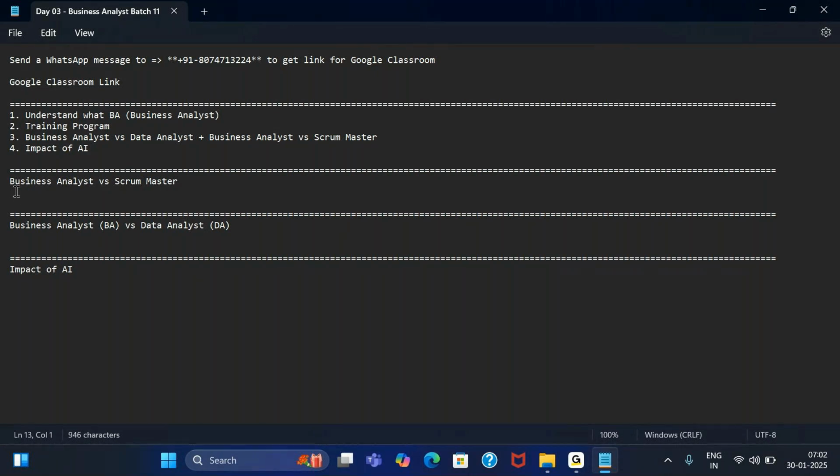So far, yesterday and the day before yesterday, we looked at what a business analyst does. How does a business analyst perform within the IT industry? What are some of the high level roles and responsibilities that a BA performs?